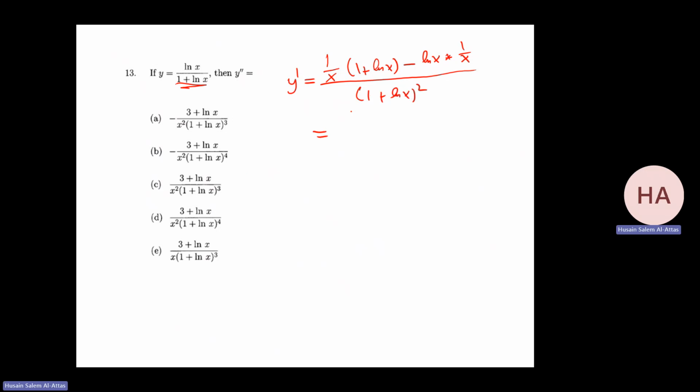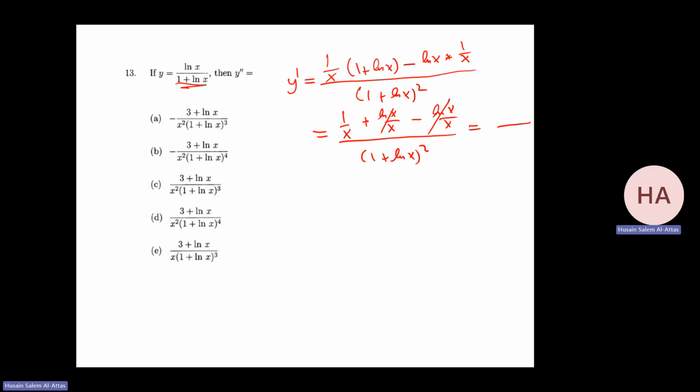Let us simplify it. I have 1 over x plus ln x over x minus ln x over x, all over 1 plus ln x squared. So this is cancelled. So I'm getting 1 over x.